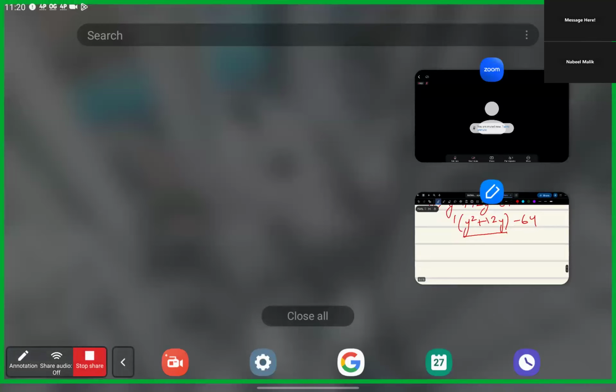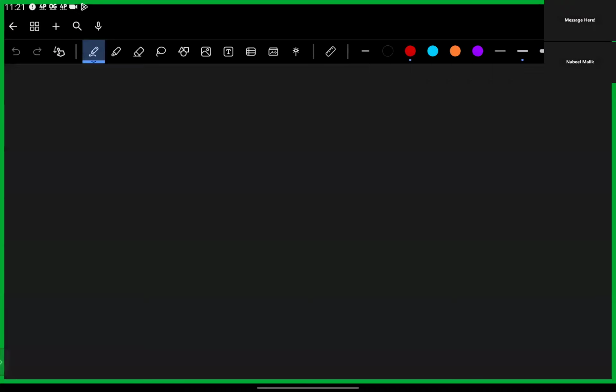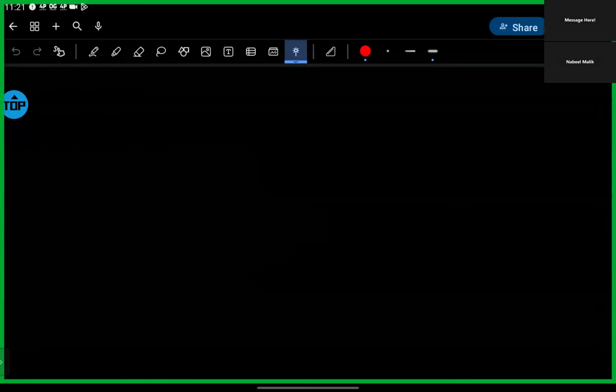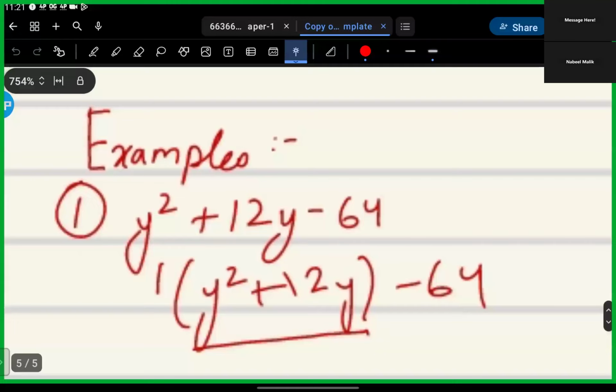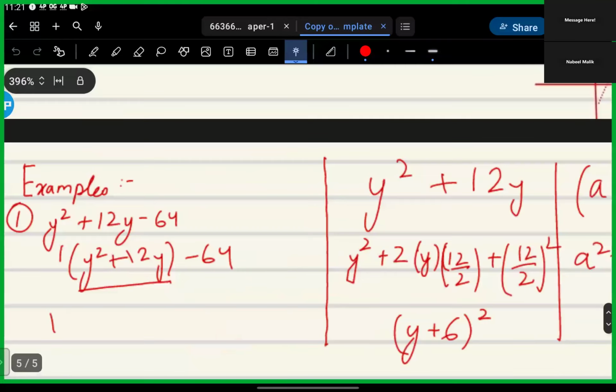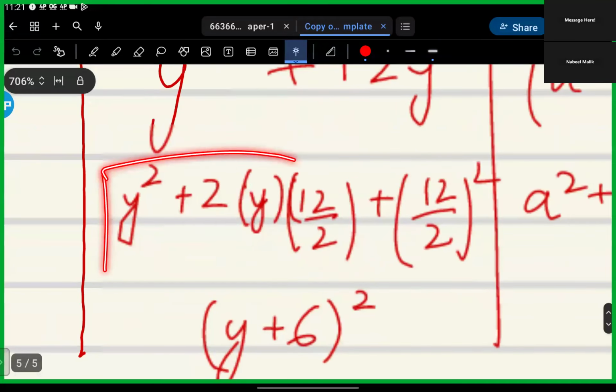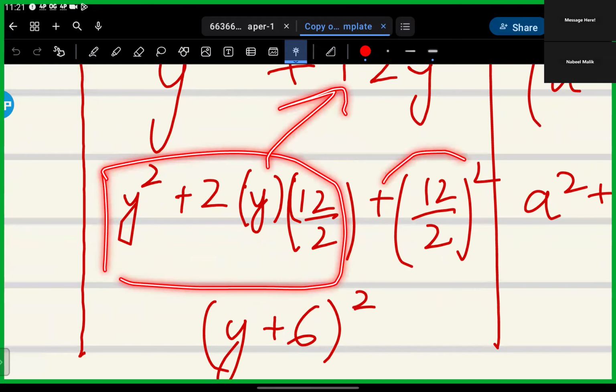The common mistake over here is that the students don't subtract what they add. Now you should know that this part will come back again to this part, but this is a part that we added.